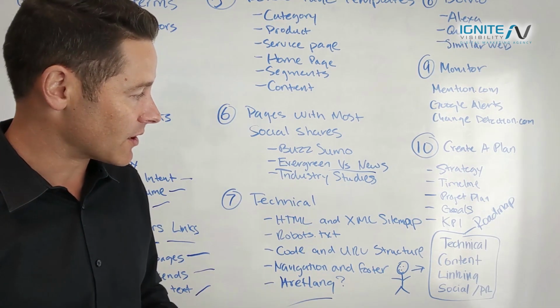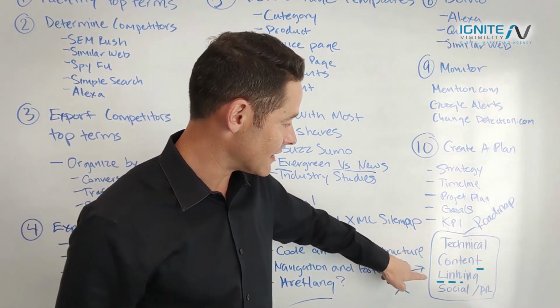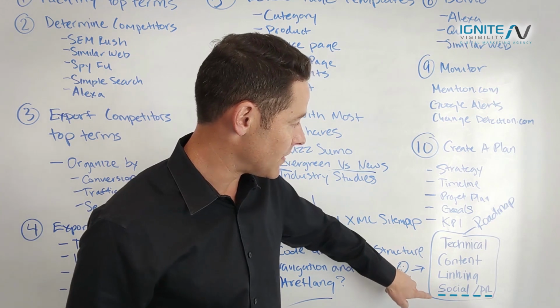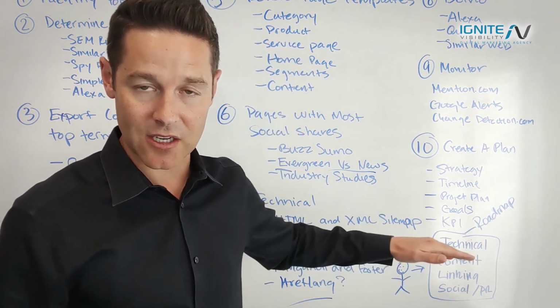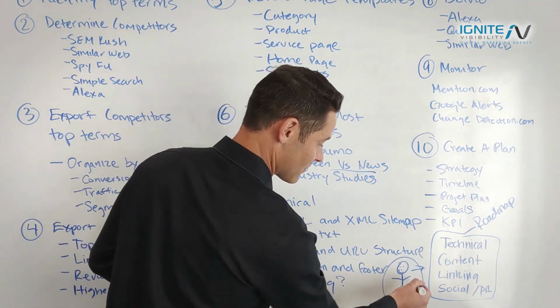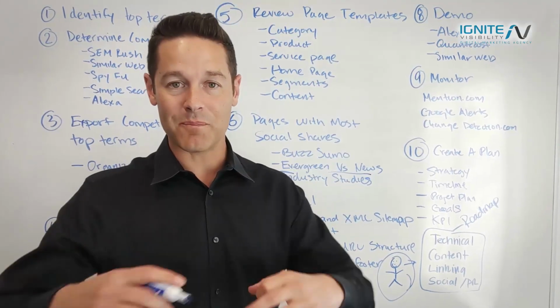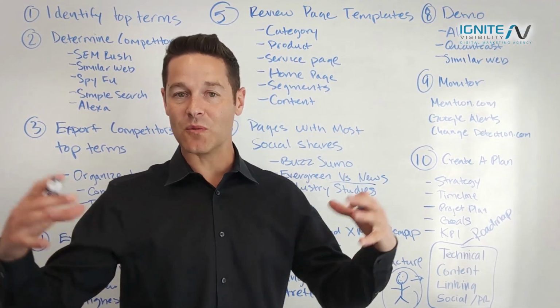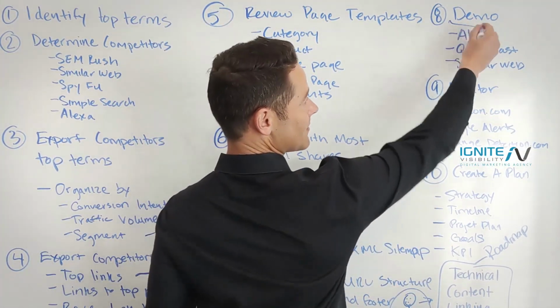And another thing you want to do is you want to think about technical content linking and social and PR for the way that you're structuring that roadmap, right? Because those are the buckets that go underneath it. And if you do that, you're going to better serve your person right here if you're really trying to target. Because at the end of the day, this is all building things that are going to create awareness for a customer so that they can convert more and so that you can really hit your demographic.